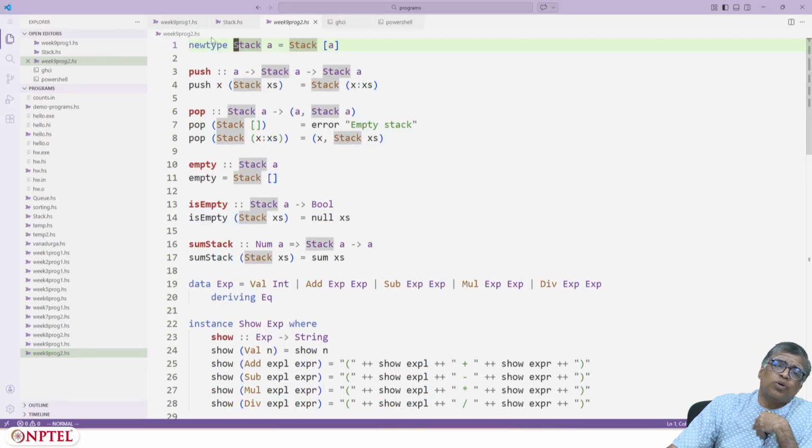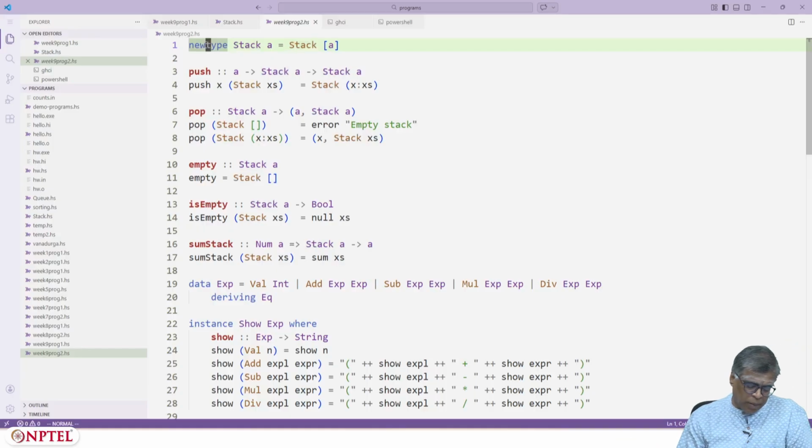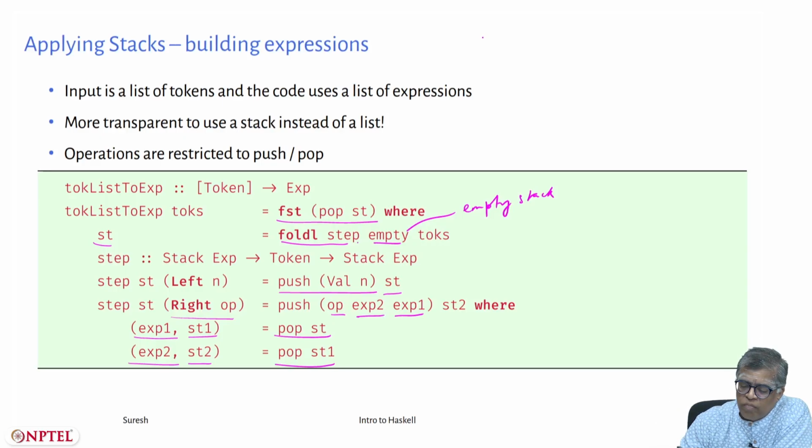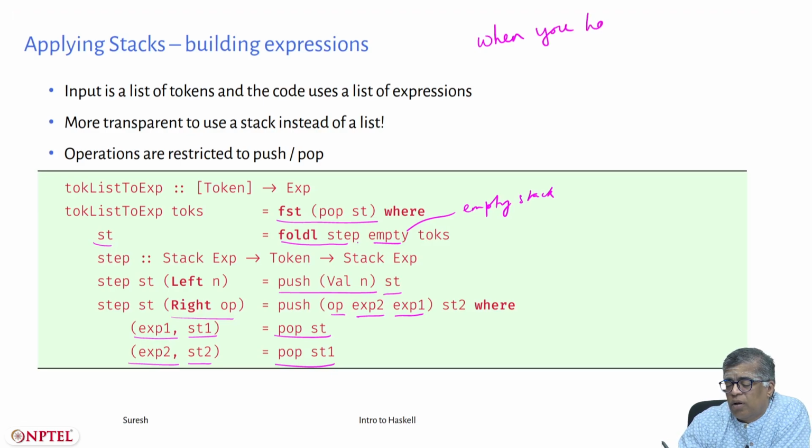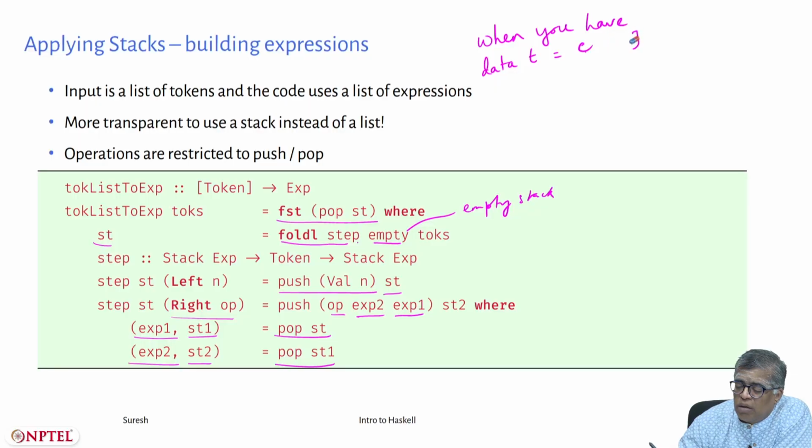Yeah, so newtype is an optimization when you have data and some type name T equals some constructor name C and a single argument.